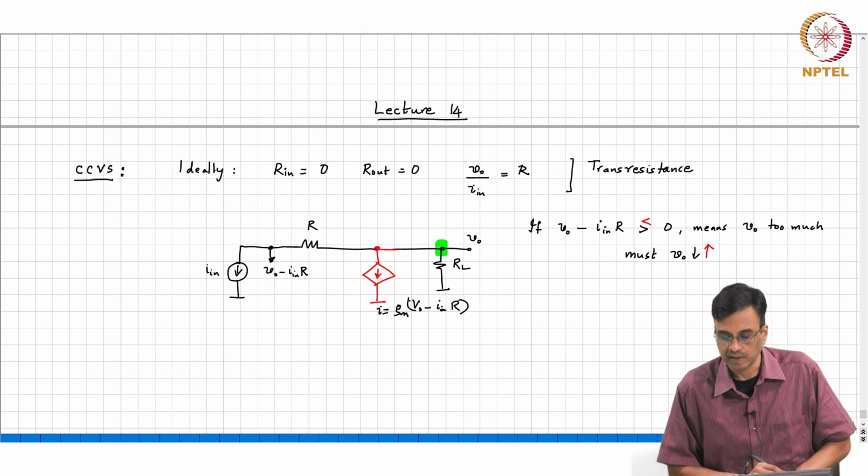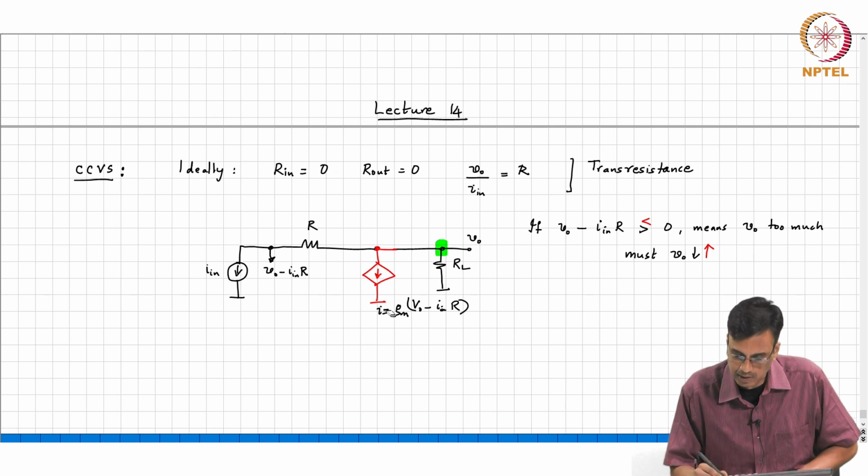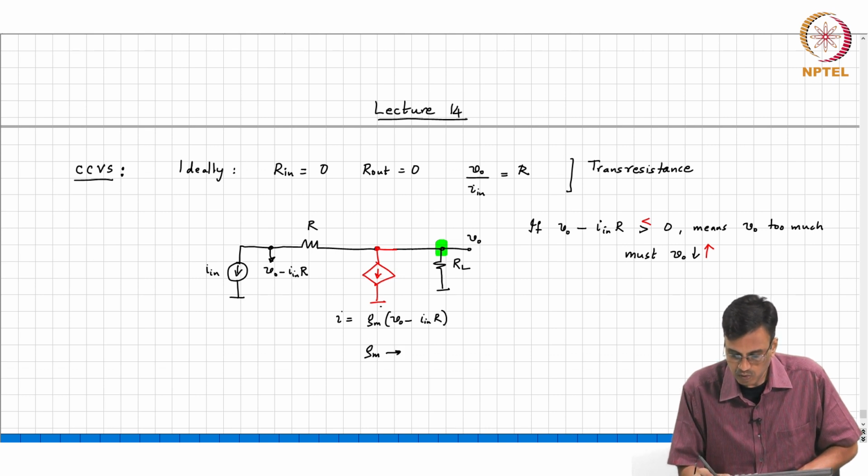What is the sign of the Gm? Positive, right? And what is the value of Gm you would want ideally? Infinite, right? So, this current I is Gm times V naught minus In times R, and ideally Gm must tend to infinity.